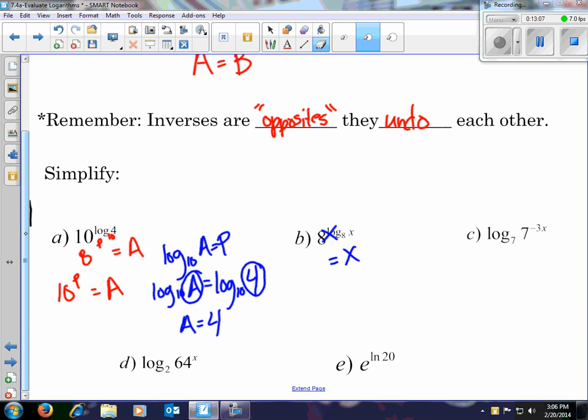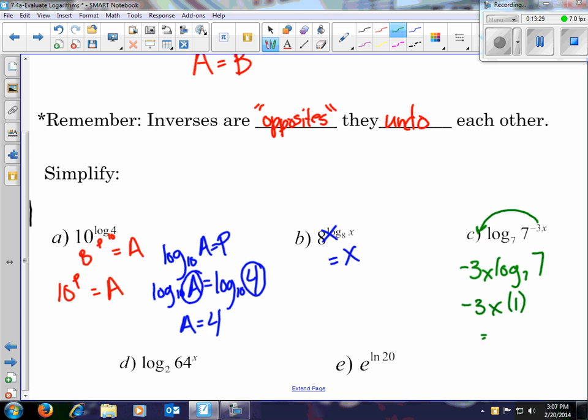We look back, and if we have log base 7 of 7, I can take this negative 3x and pull it out in front. So I can change this to negative 3x times the log base 7 of 7. Now, log base 7 of 7 is 1, so I end up with negative 3x times 1, which is just negative 3x.